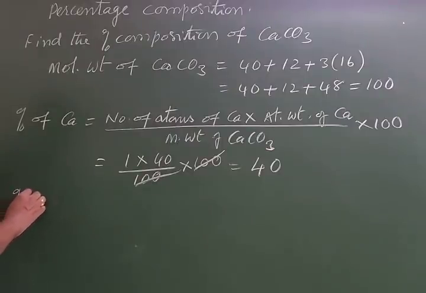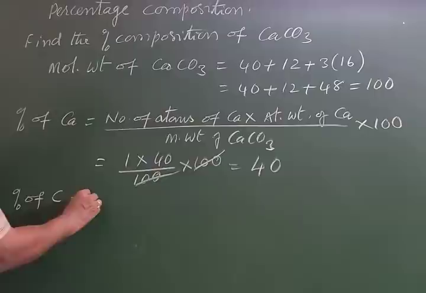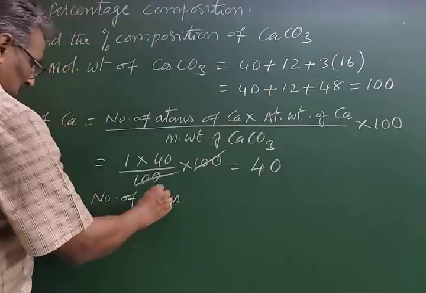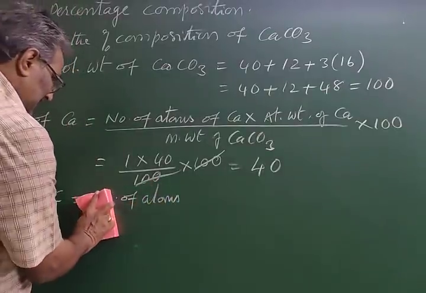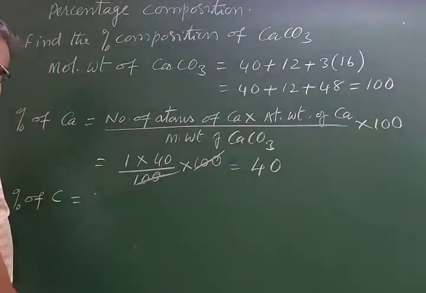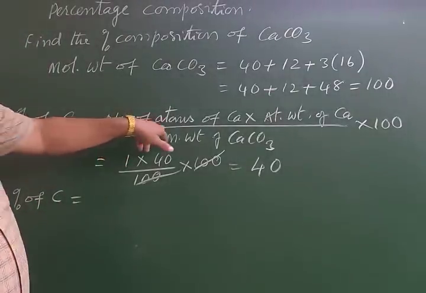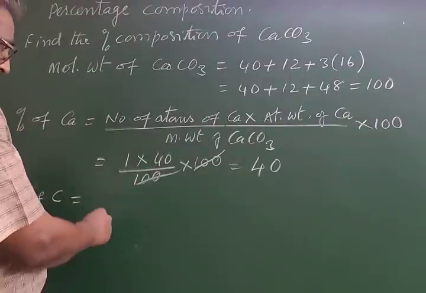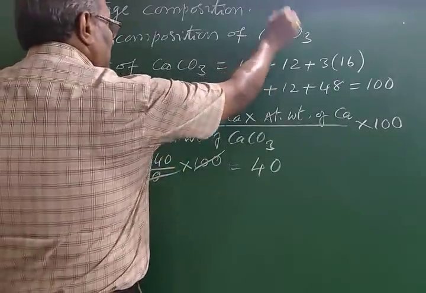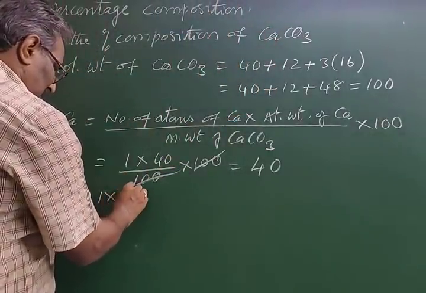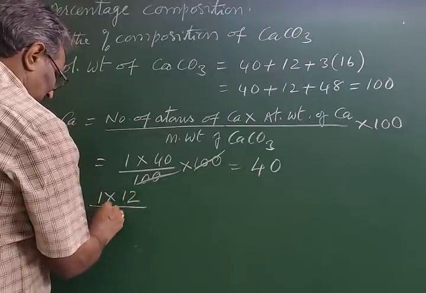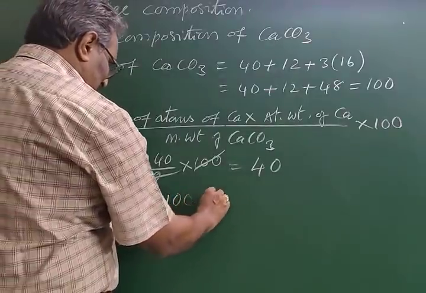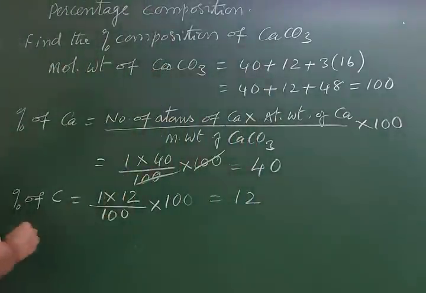In the same way, percentage of carbon is equal to number of atoms of carbon into atomic weight of carbon by molecular weight of calcium carbonate. It's not needed to write the formula every time. Number of atoms of carbon is 1 into atomic weight of carbon is 12 by molecular weight of calcium carbonate is 100 into 100, that is equal to 12.